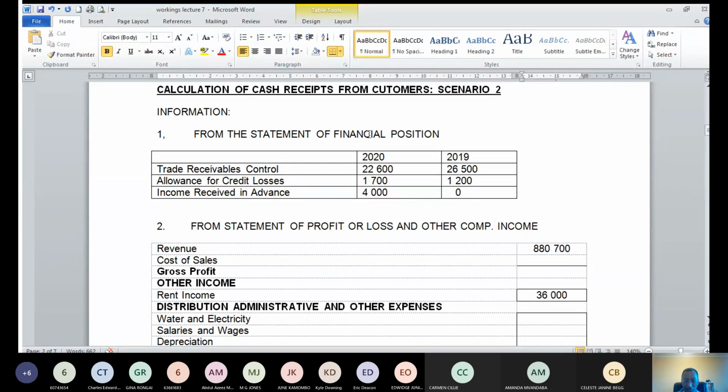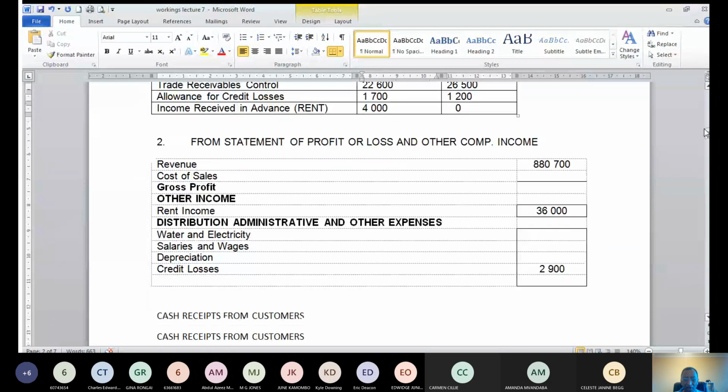From your statement of financial position, trade receivables, opening balance 26,500, closing balance 22,600, allowance for credit losses last year was 1,200. This year the new allowance for credit losses is 1,700. We have also got income received in advance in respect of rent, and that income received in advance last year 0 and this year 4,000.